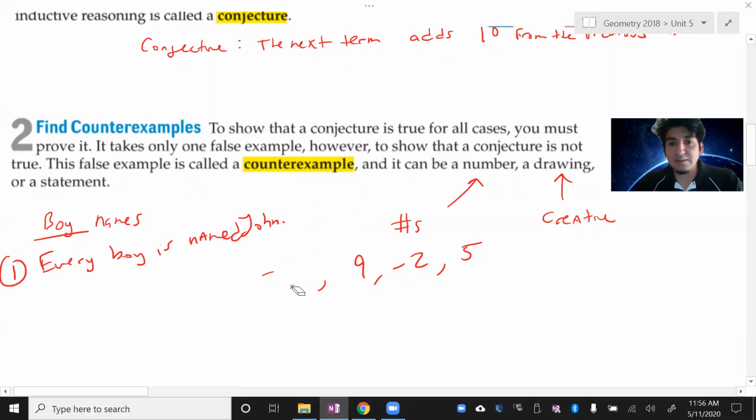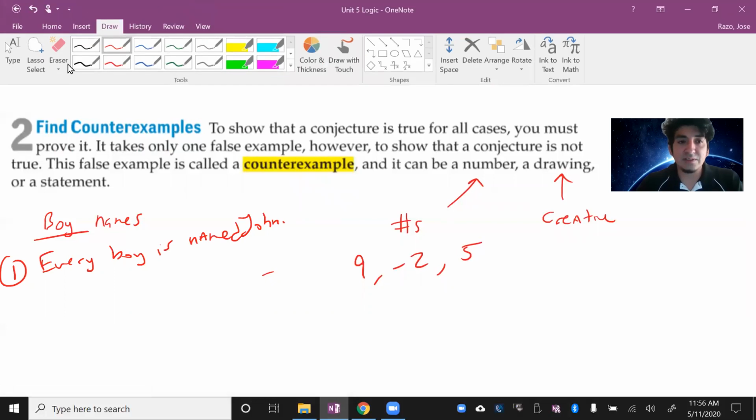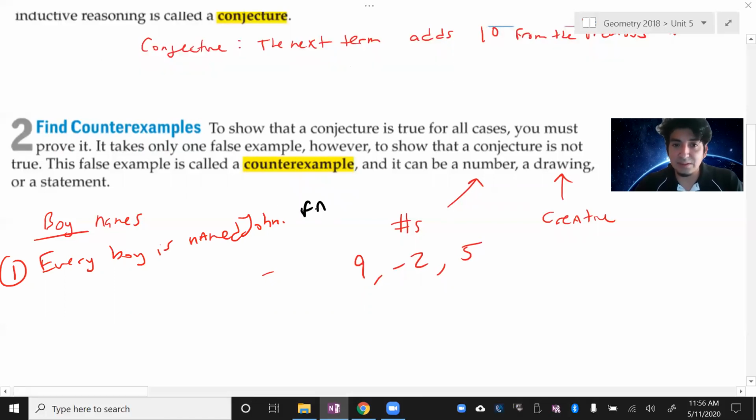Now, is that true or false? Some of you might be thinking true because your name is John, or maybe some of you are thinking false because your name might be Edward, or Eddie. That's a false claim, so this is false. And why? Because my name is Coach Razo, so it's not John. So the claim that every boy's name is John is false.